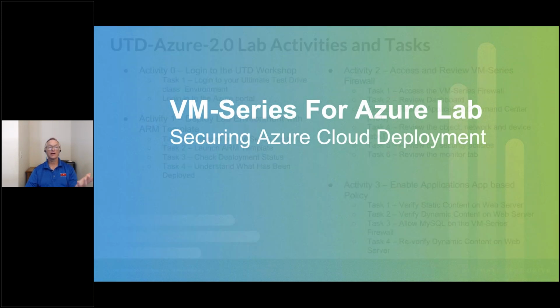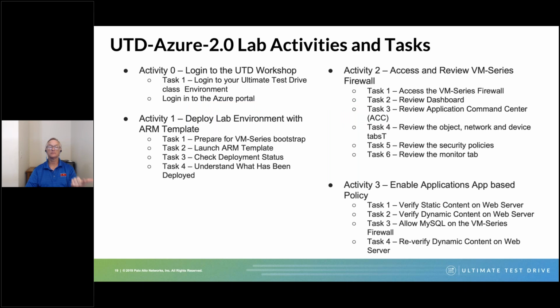So this is what we're going to do in the lab. We're going to log into the UTD workshop, and then we're going to deploy the lab using the Azure Resource Manager. We're going to review the VM-Series firewall, make sure all its pieces parts are there, look at the application command center, talk about network devices and objects, and there's labs around those things.